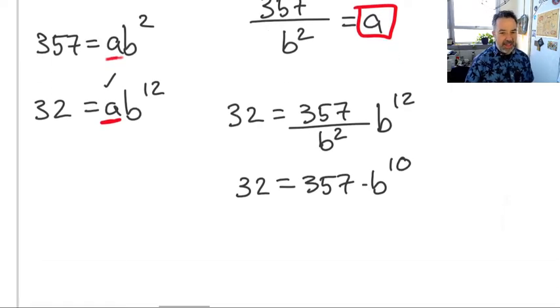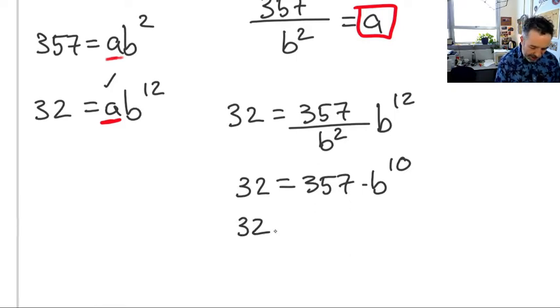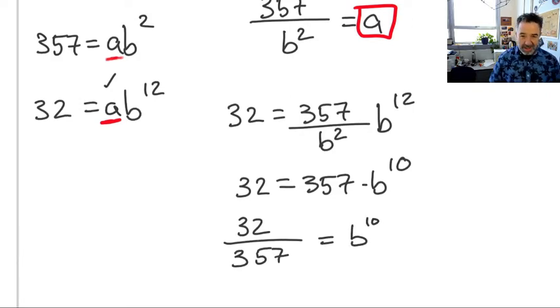Now that I've got that, I need to figure out what B is. I'm going to isolate B to the 10th first by dividing by 357. I'm dividing equal things by equal things, therefore I will get equal things. The last thing I'm going to do is raise both sides of this equation to the same power. If two things are equivalent to each other and I raise both to the same power, I'm going to get equivalent things.